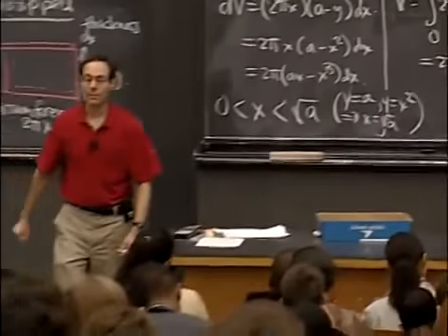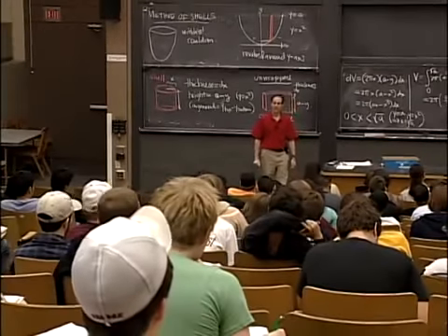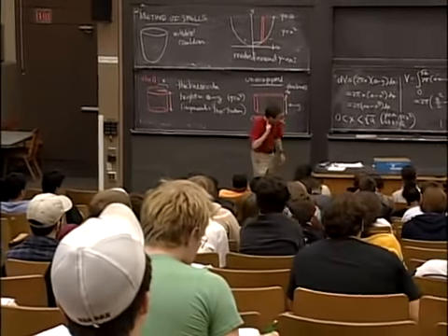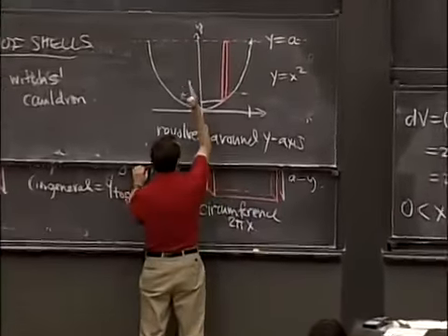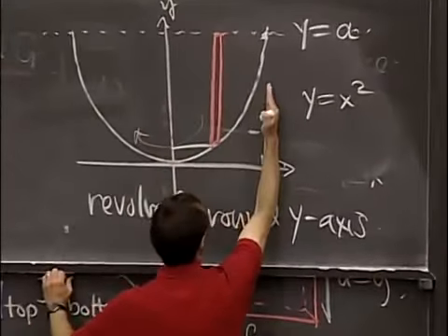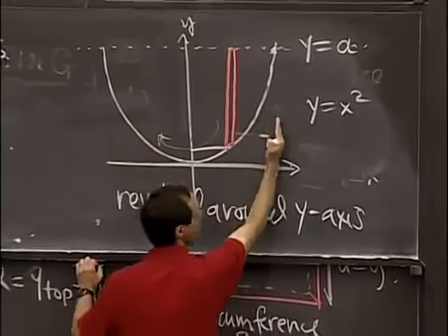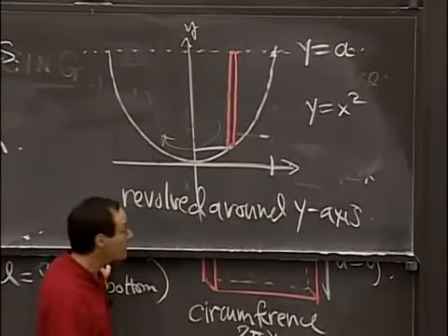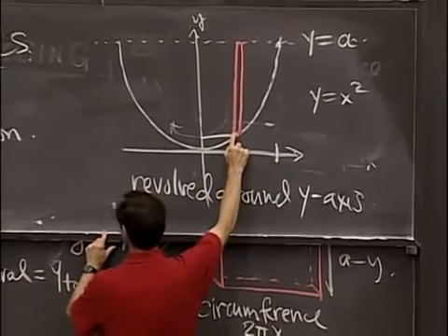Yes, question? Why do you integrate only from 0 to square root of a and not from negative square root of a? Right. So the question is, why did I integrate only from the middle to this end instead of all the way from over here, minus square root of a, all the way to the plus end? The reason is that you have to look at what's happening with the rotation.